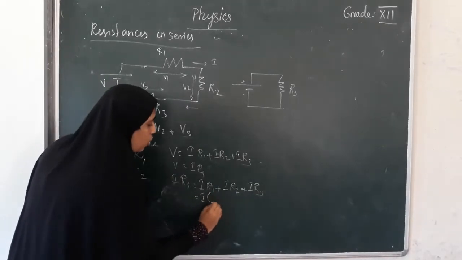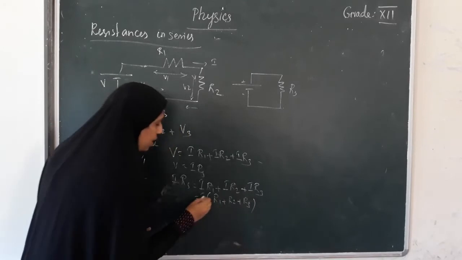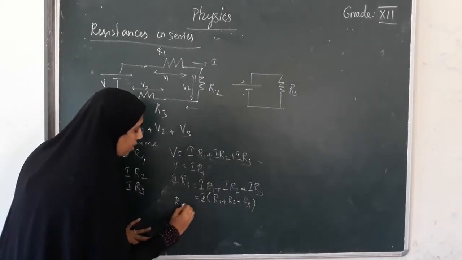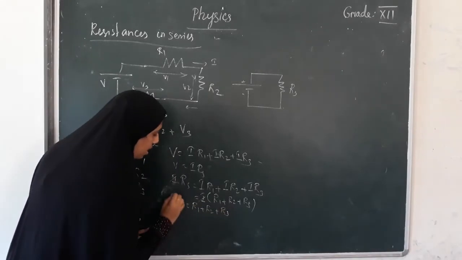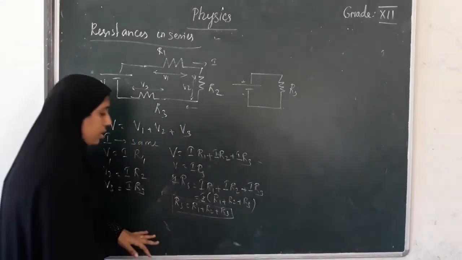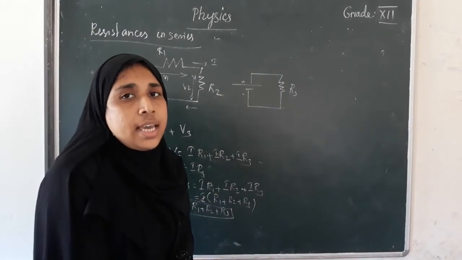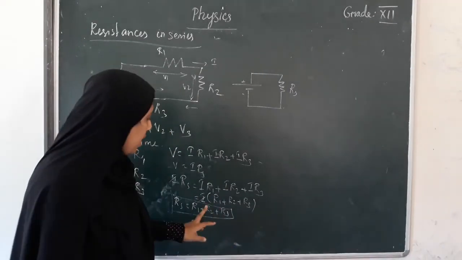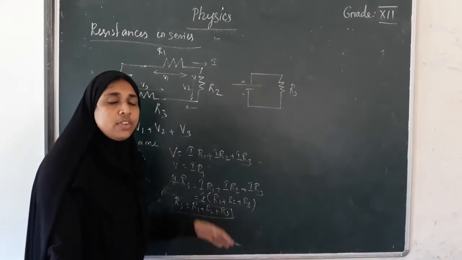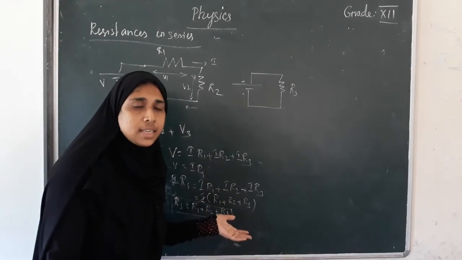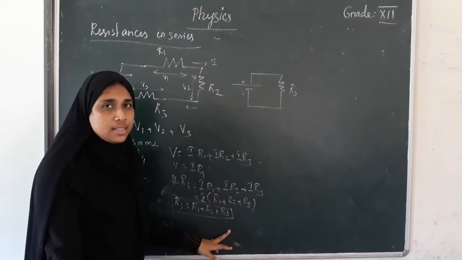Taking I as common outside, R1 plus R2 plus R3, I gets cancelled. Then Rs is equal to R1 plus R2 plus R3. So when resistors are connected in series, the equivalent resistance is equal to the sum of the individual resistances. So when we connect resistances in series, the equivalent value will be greater than the individual resistances.